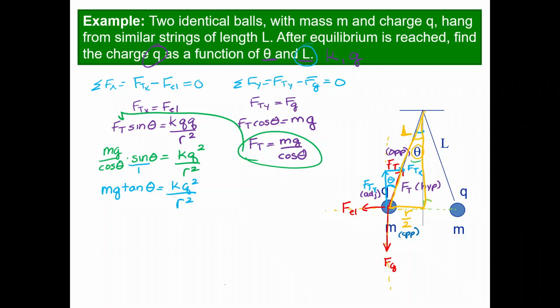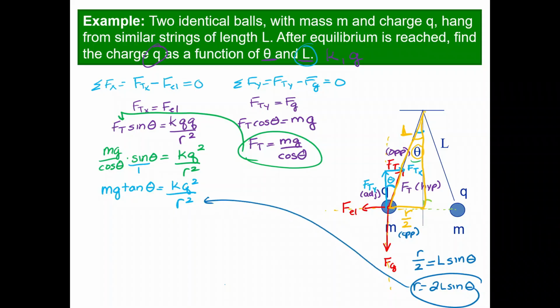So that tells me that r over 2, my opposite side, is going to be L times sine theta, because opposite is based on sine theta. So this tells me that r is going to be 2 times L sine theta. So I could take that and sub it in for r over here.